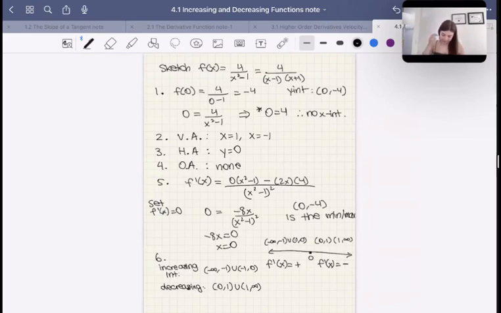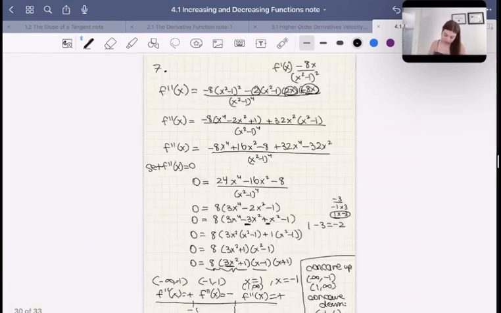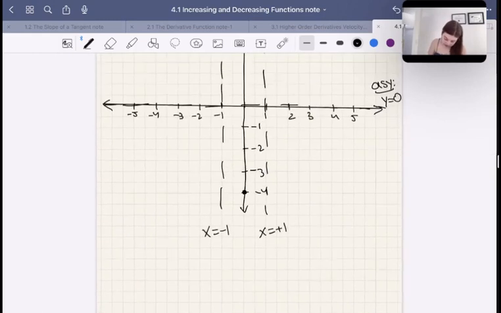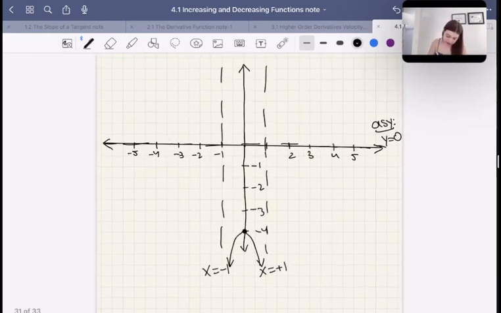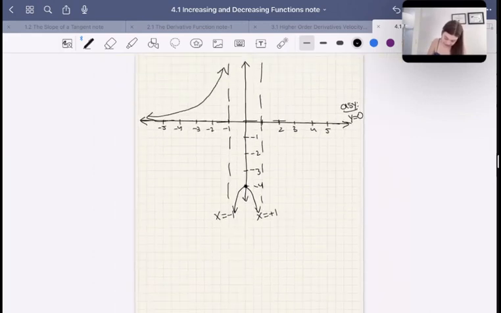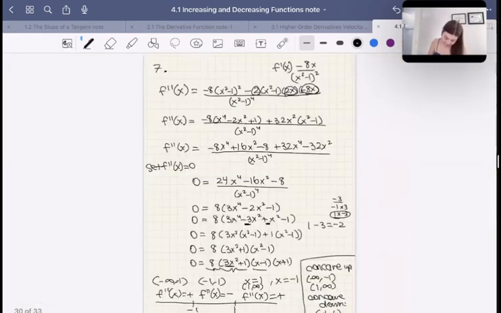Okay, and then next we need to see where we are increasing or decreasing. So we're only decreasing between the asymptotes. We're only decreasing here. And we're increasing everywhere else. Or are we?